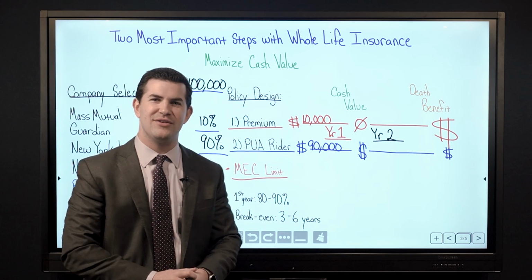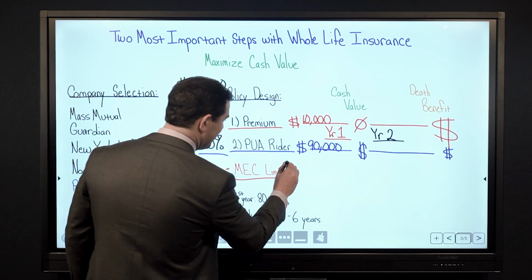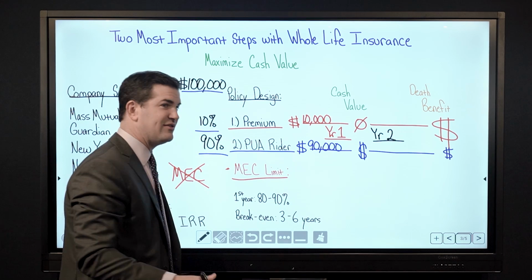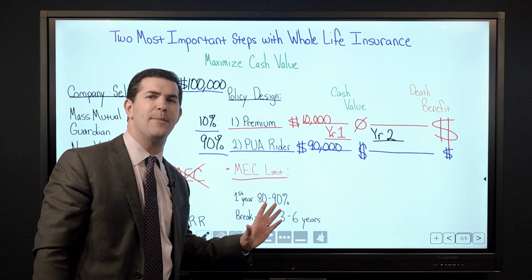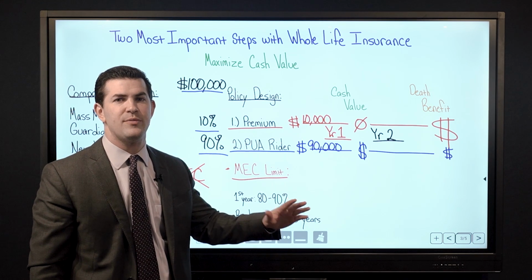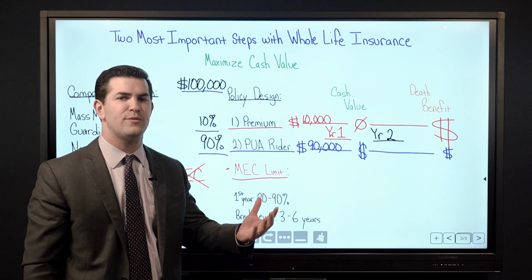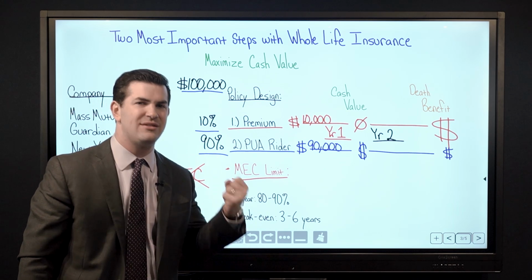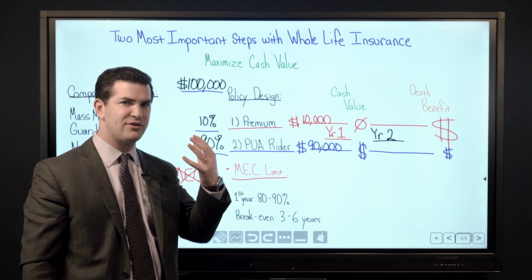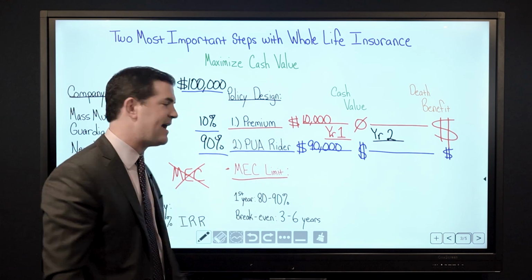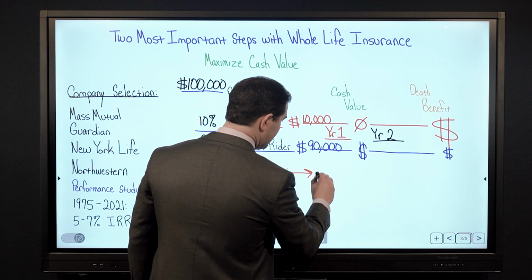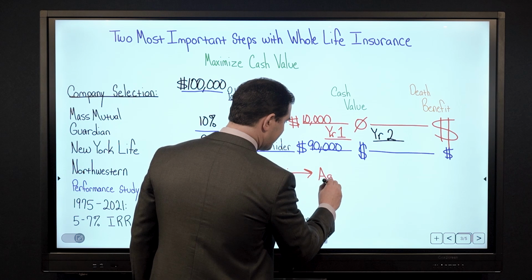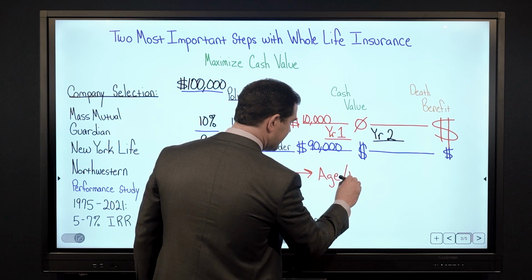Well, every policy has what is called a MEC limit. That limit is exactly what it sounds like. It's the maximum amount of money one can pay into a policy per year and still have the life insurance policy classified as life insurance in the eyes of the IRS, not a taxable investment. The fun part is we can set that MEC limit wherever we want.